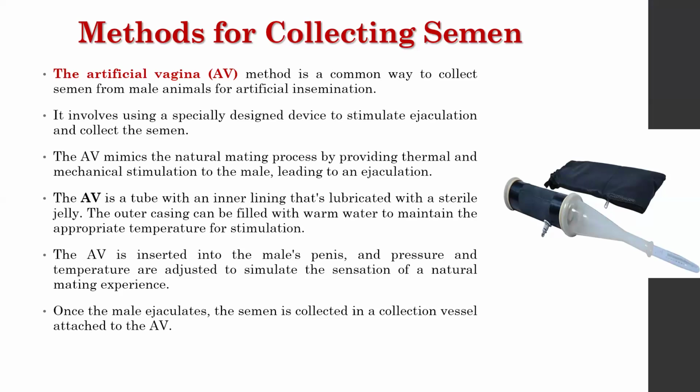When we talk about the artificial vagina, it is a very common way to collect semen from male animals. But before the artificial vagina, I would like to discuss the 5 stages of natural collection. What happens in the reproductive cycle? When male and female get intended, they do foreplay.